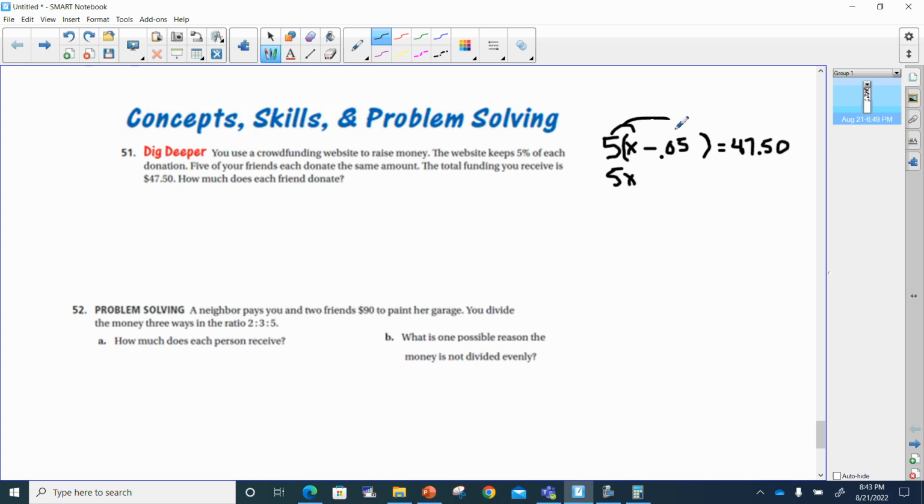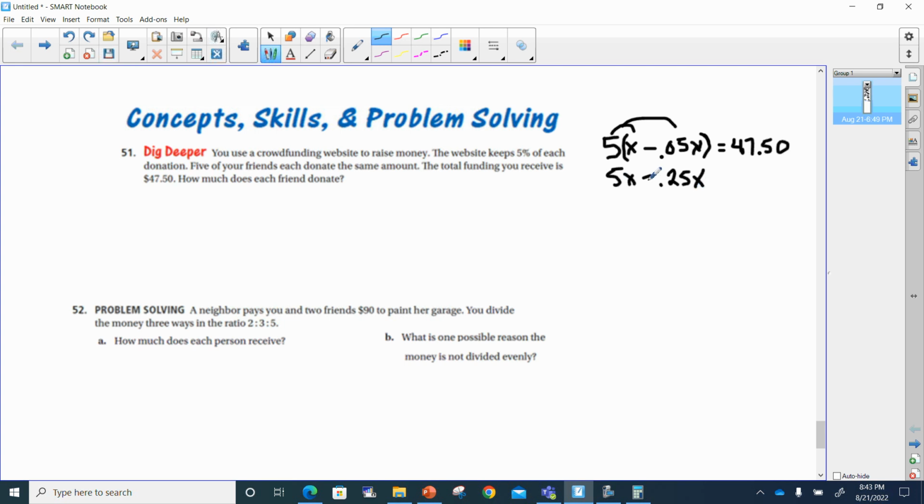And then minus, well, 5 times 0.05 would be 0.25, right? And then, let's see. Whew, no, you know what? It would be times X. Take that back.